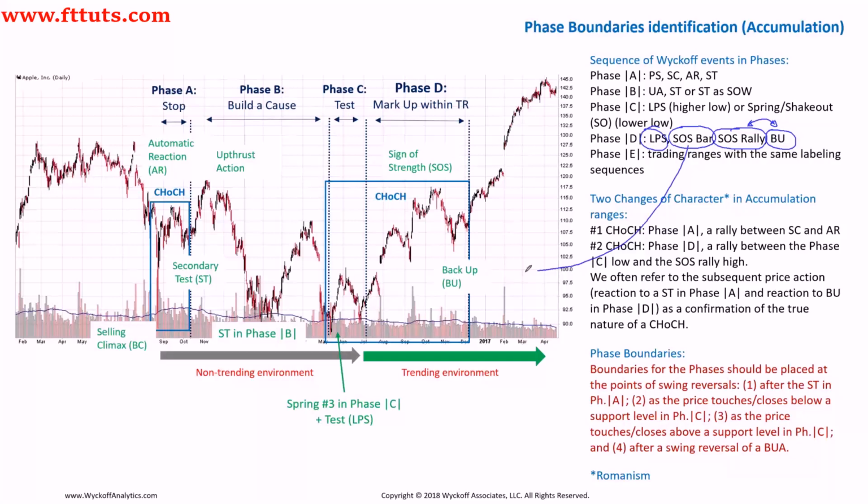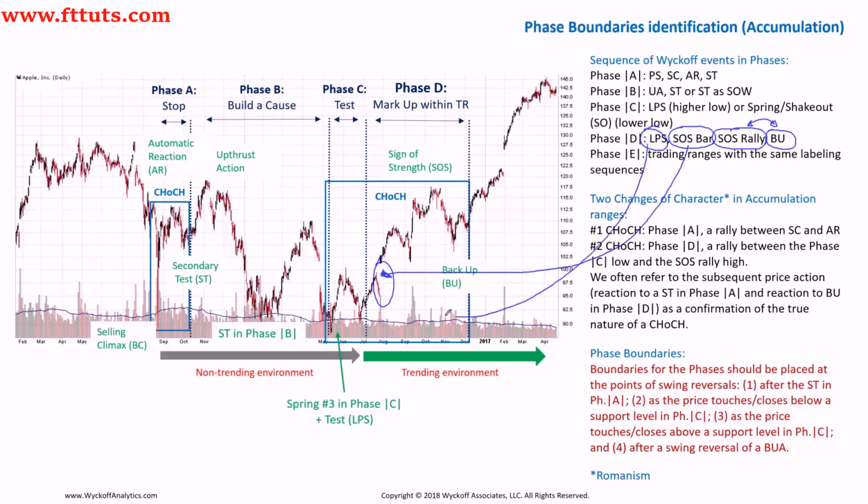A sign of strength bar has been added to the methodology by me, just for the class purposes. This is the spot where in the middle of the range we're identifying emergence of institutional urgency to buy, to be in this position. And this is one of the points of entry for us in accumulation on the way up. We'll talk about this more.